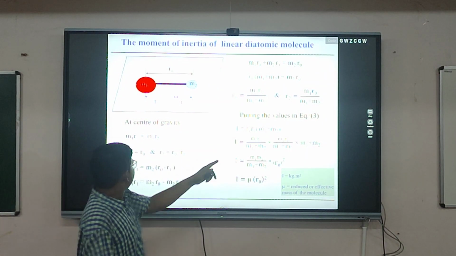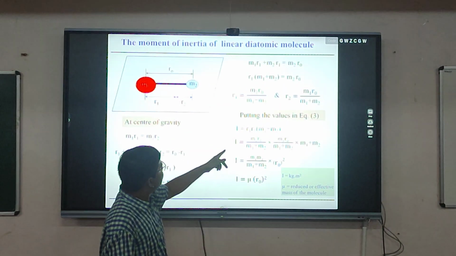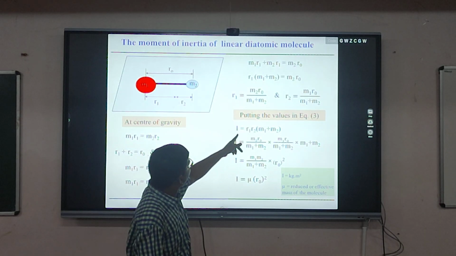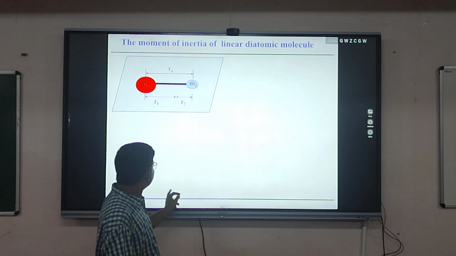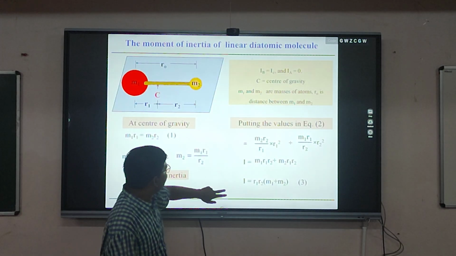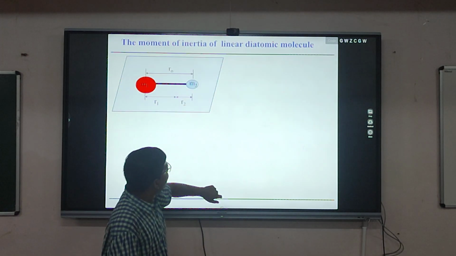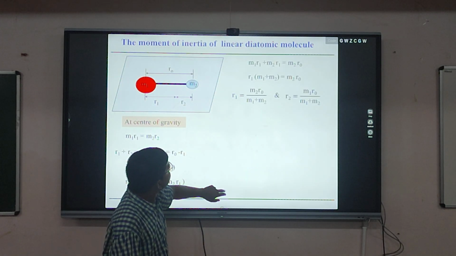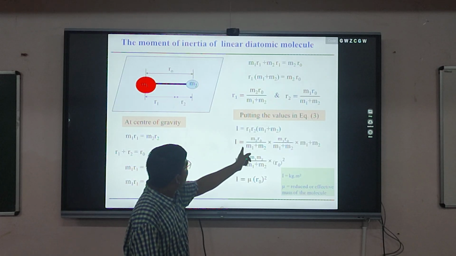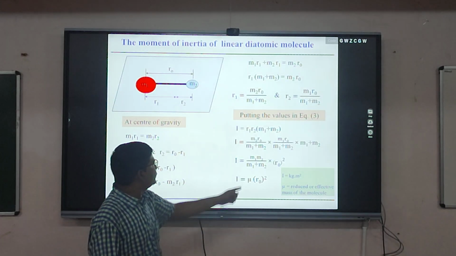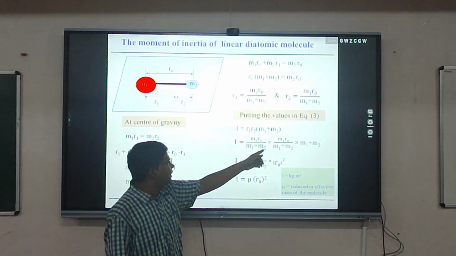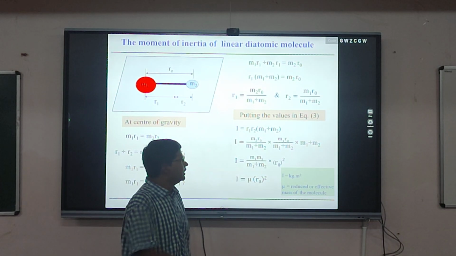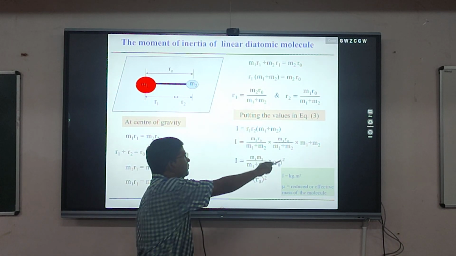Putting the values in equation 3, we will put the values of R1 and R2. Then I equals M2 R0 divided by M1 plus M2, into M1 R0 divided by M1 plus M2, into M1 plus M2.